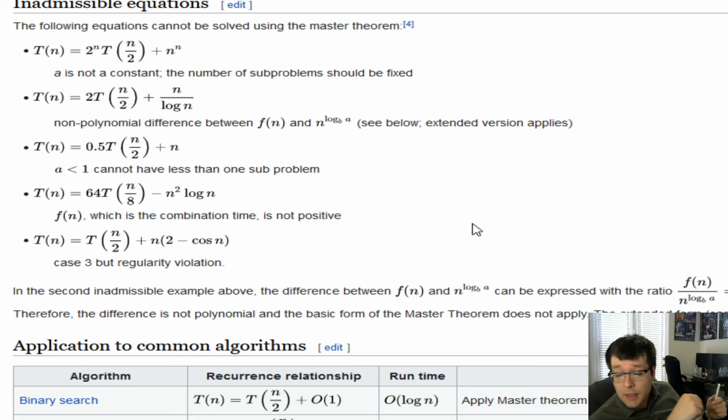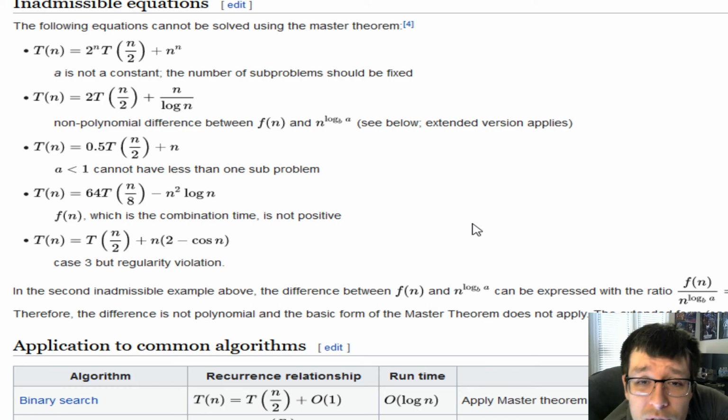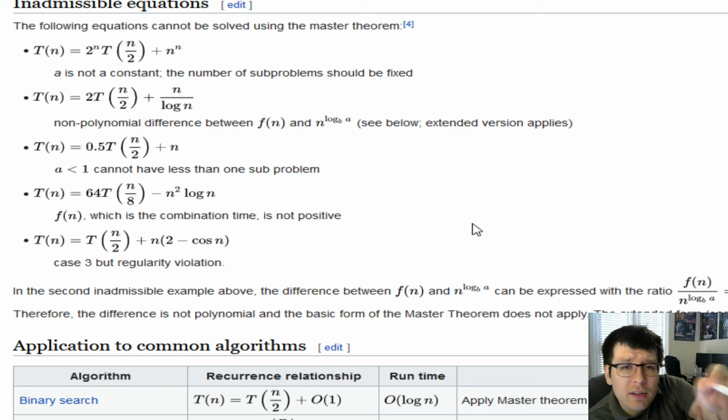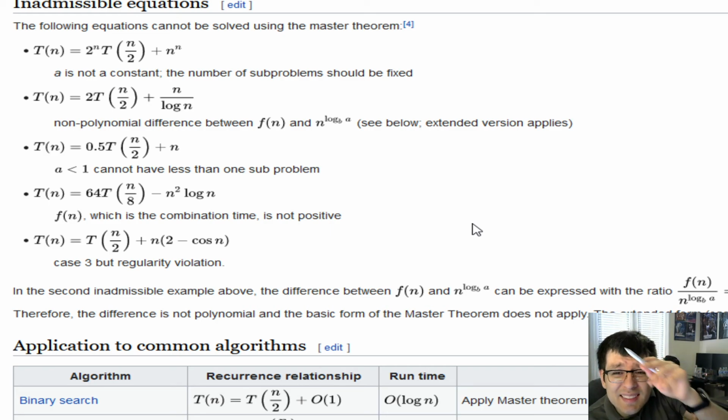Okay. It looks okay on this hand. To me it looks crushed. Okay, so this one's 2 to the n, T of n divided by 2, plus n to the n. Ooh, that's nasty. So the B is okay because that's just 2. The D is equal to n, or D or C, whatever, which isn't ideal.